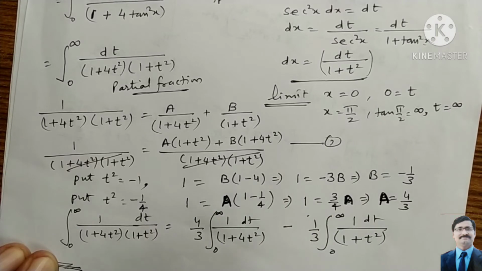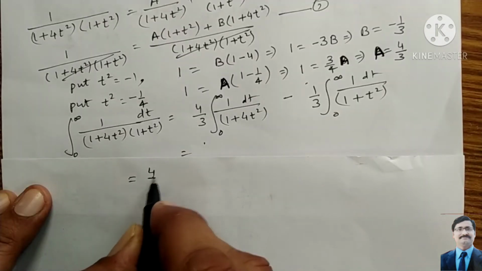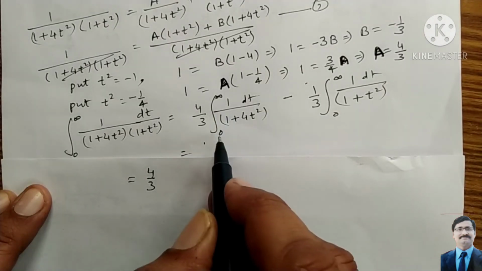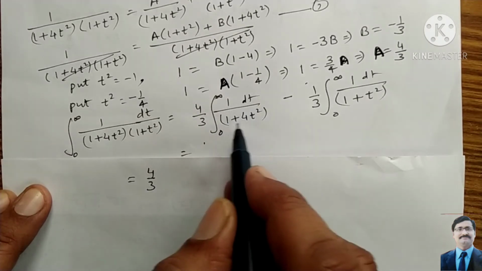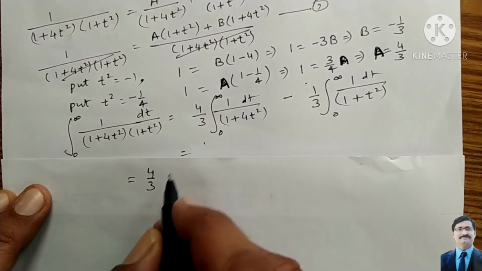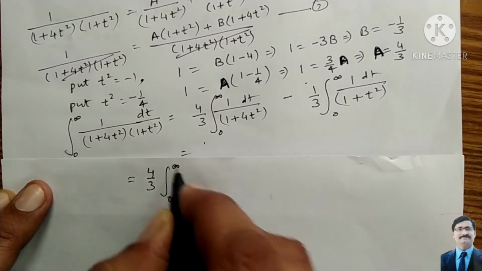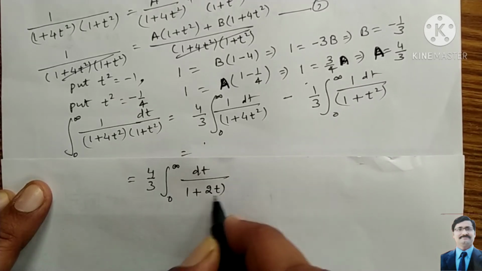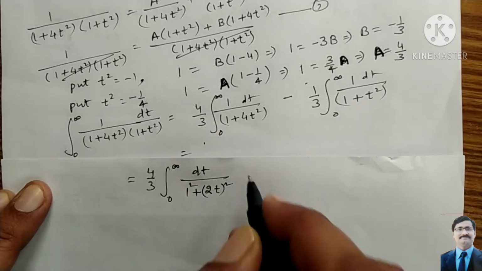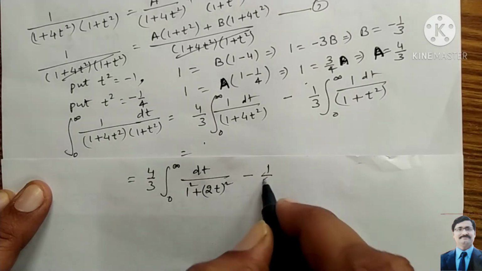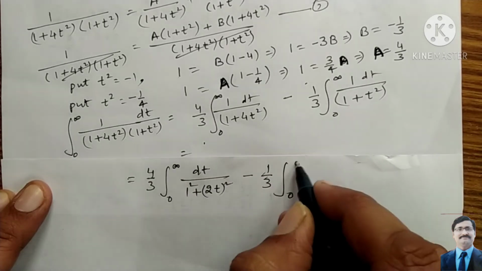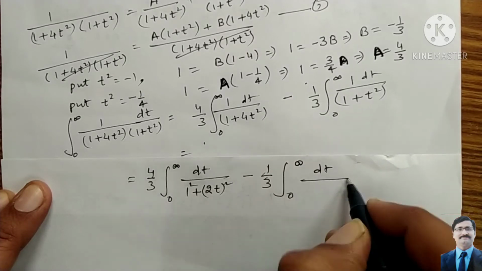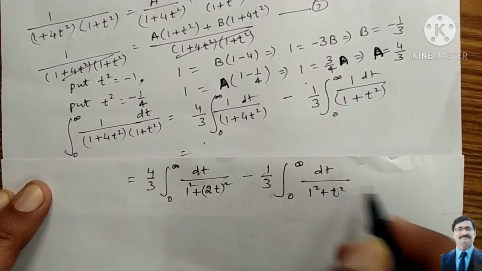We can write the integral from 0 to infinity of 1 upon 1 plus 4t square, which we can write as dt upon 1 plus 2t whole square, minus the integral from 0 to infinity of dt upon 1 square plus t square.